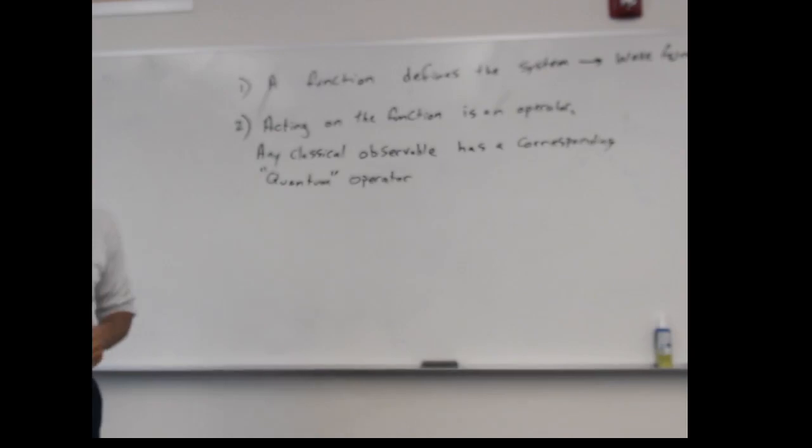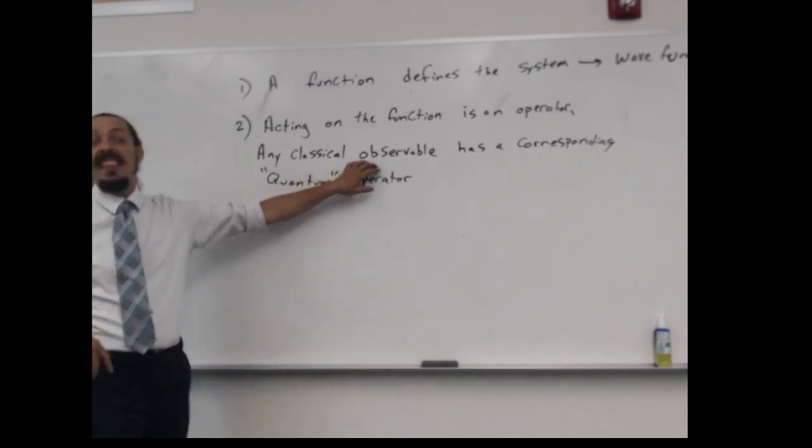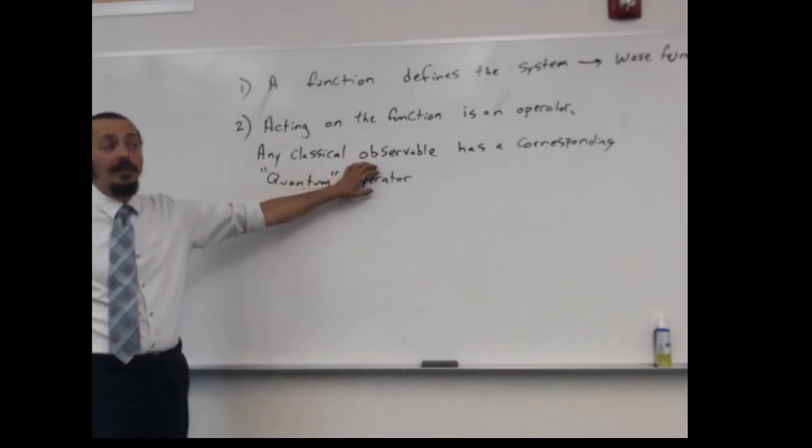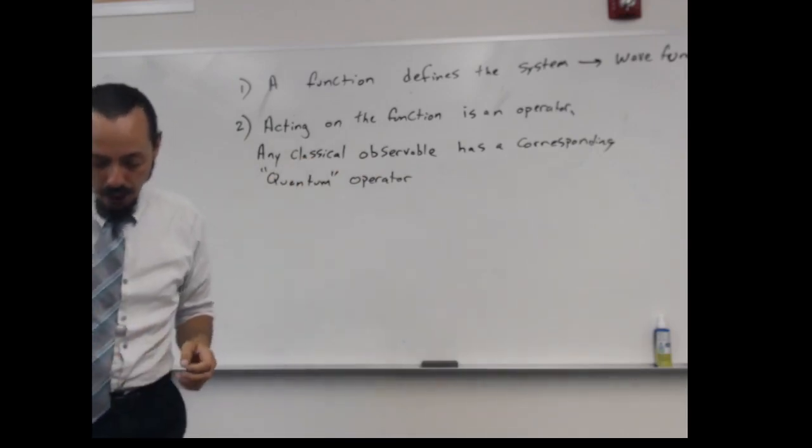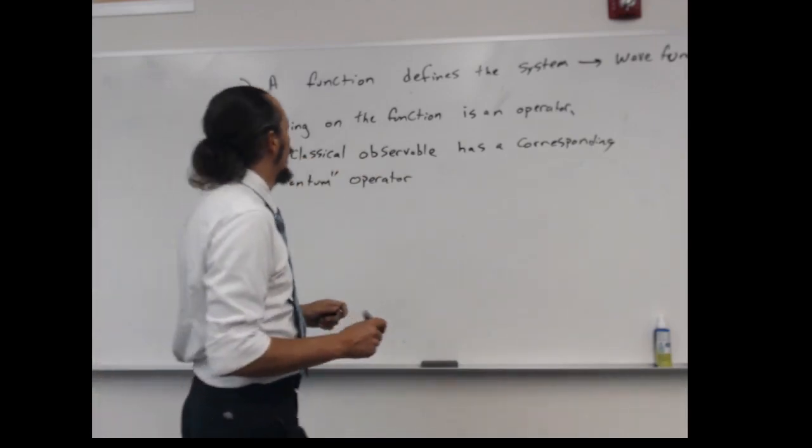Any observable that we want to know. So if we want to know the energy, the position, or the momentum, that's what I mean by observable, something that we would measure about it. Any classical observable has some quantum operator that we can also associate with it.